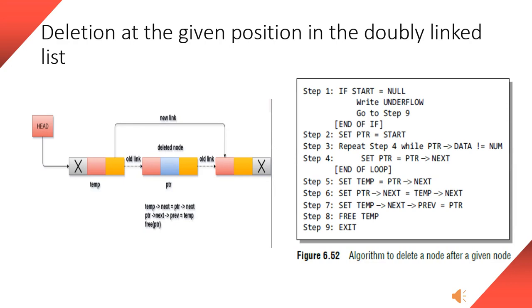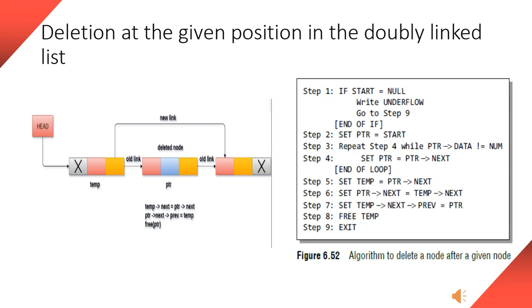So next we discuss how we can delete a node at a given position in the doubly linked list. An algorithm to delete a node at the given position is also shown here. First we check if the linked list exists. If the linked list does not exist, it shows underflow, else we can delete a node from it. So to delete a node from a given position, we will follow some steps. First one is, suppose you want to delete the second node from the list.